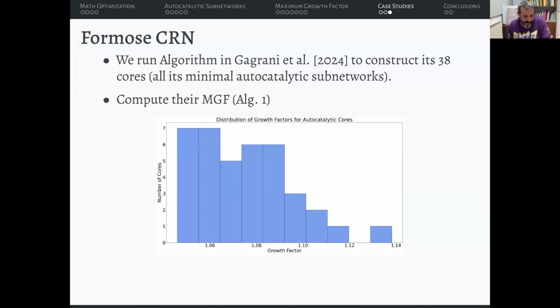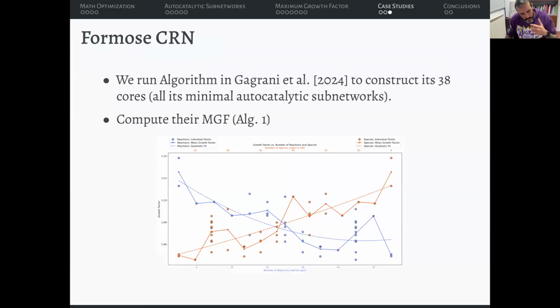We wanted to analyze, in the minimal autocatalytic subnetworks, the distribution of this value, which is the maximum growth factor, for all the cores of the minimal subnetworks.